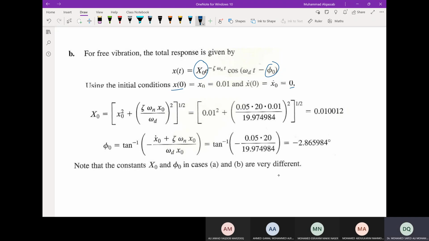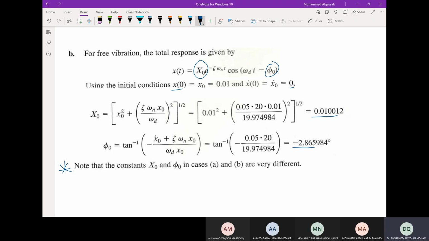Applying again those initial conditions, I will not go through details. You get phi 0 is minus 2.8 and you get x0 is 0.01. Note that the constants x0 and phi 0 in cases A and B are very different.